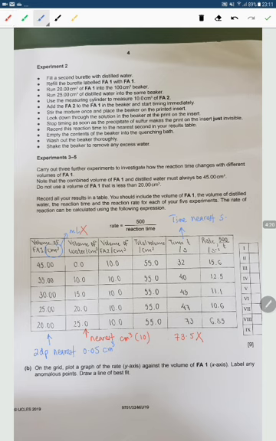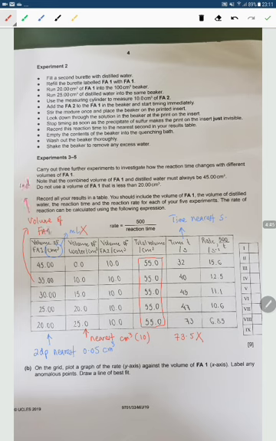During the practical here, the total volume should be kept constant. This is very important. Now, as you can see, the candidate varied here the volume of Fa1. By varying the volume of Fa1, it becomes our independent variable.